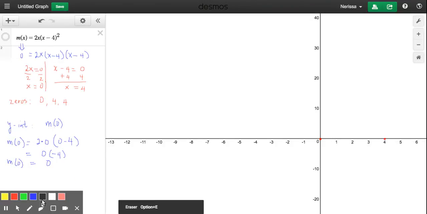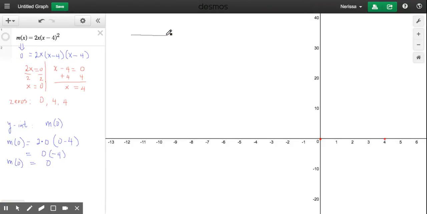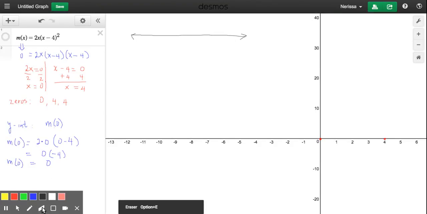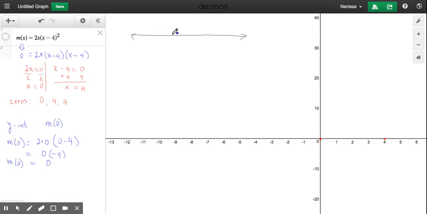Now let's determine the sign of m of x in each interval. Okay, so here's our x-axis. We're going to put the x-intercepts, which are 0 and 4. So 0 will be on the left side of 4.